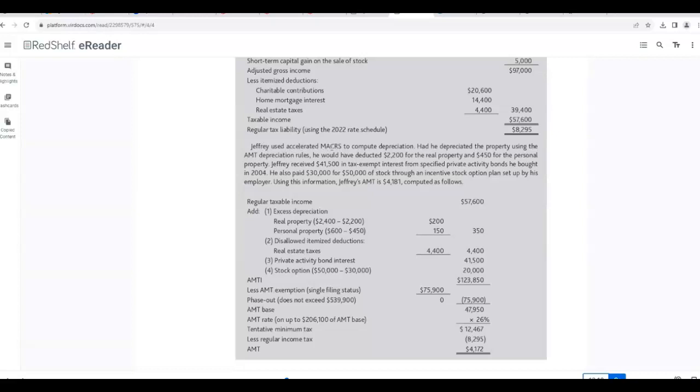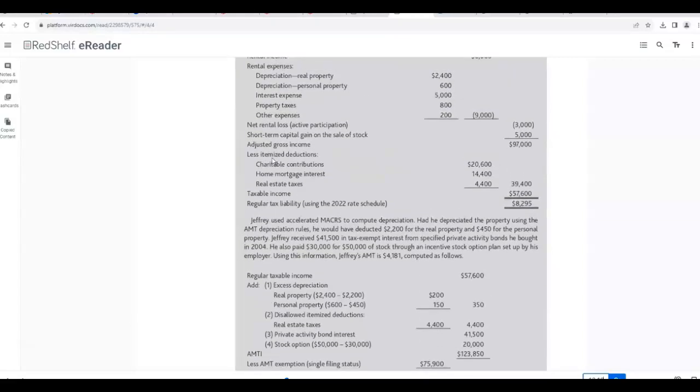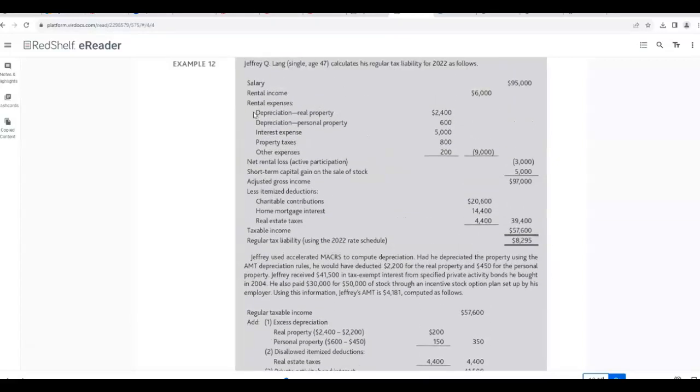Jeffrey used accelerated methods to compute depreciation. Had he depreciated the property using the AMT depreciation rule, he would have deducted $2,200 for the real estate property and $450 for the personal property. So you see here we have depreciation, real property.